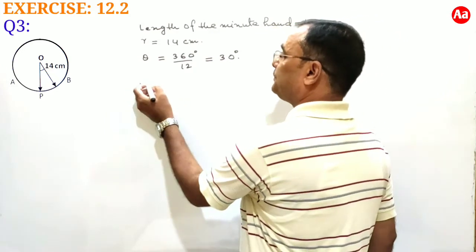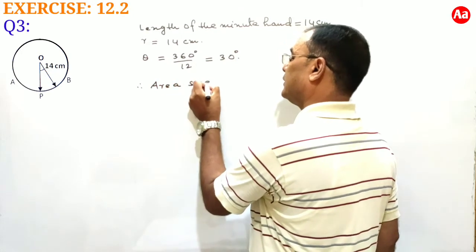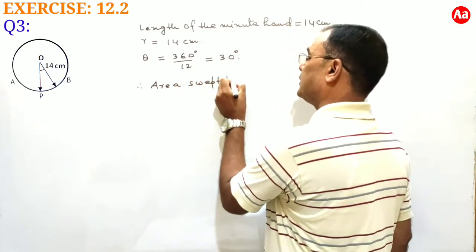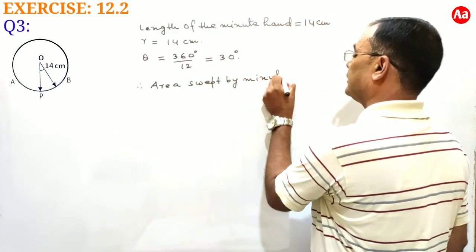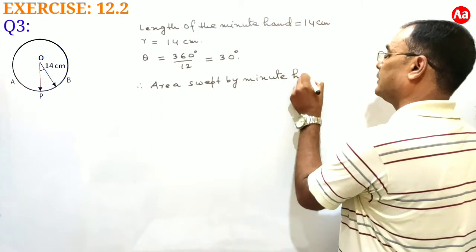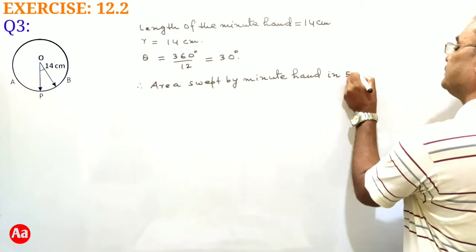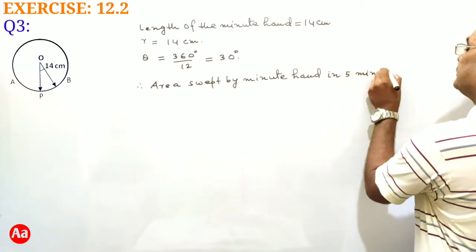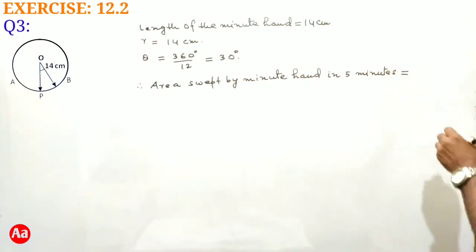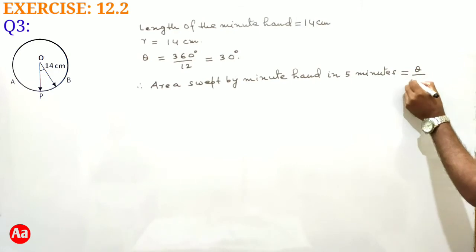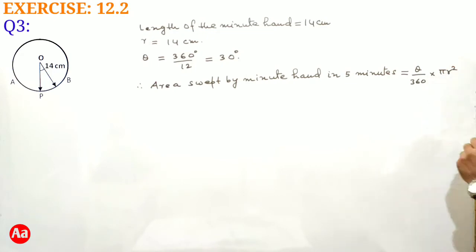So therefore, the area swept by the minute hand in 5 minutes is equal to theta by 360 into pi r square.